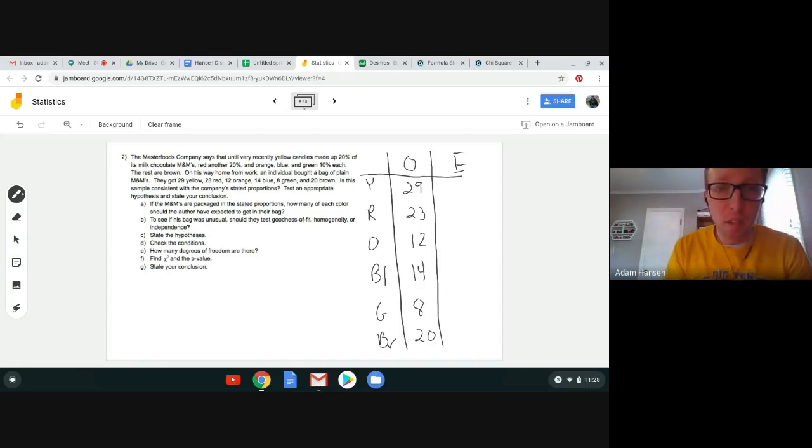They expected that red were 20%. So 106 times 20% is 21.2. I should have gotten 21.2 red. Orange, blue, and green were 10%. So 106 times 10% is 10.6 for orange, blue, and green. They're all 10.6.